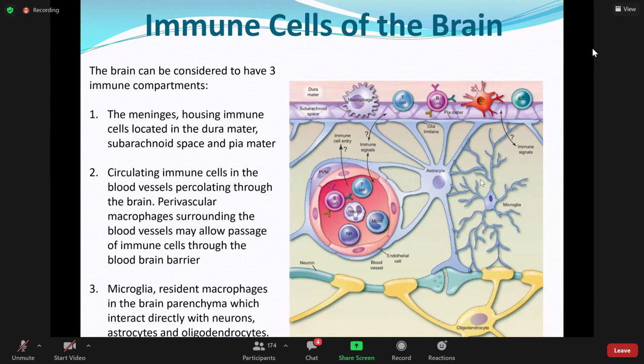But under inflammatory conditions of microbial infection or autoimmunity, it's clear that these circulating immune cells can pass through, and also their cytokine products can enter the brain parenchyma through the meninges and blood vessels to affect brain signaling.